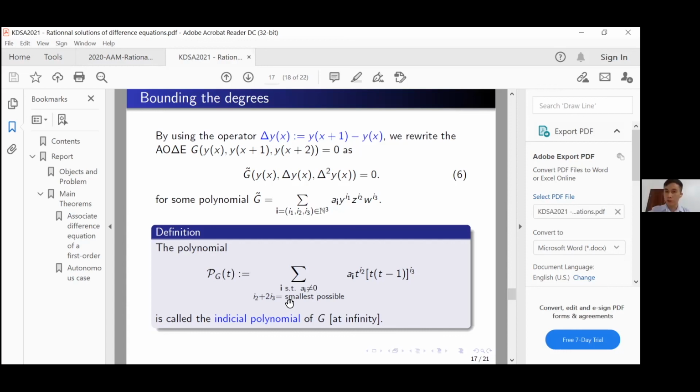Sorry, for finding the coefficient of what? Say once you obtain the degree bound... Did you get my question? Okay, are you asking after having the bound for the degree, how I find the solution, right? Yeah.